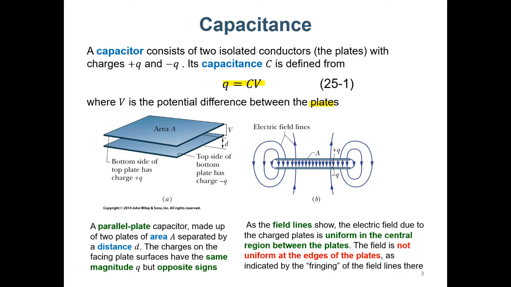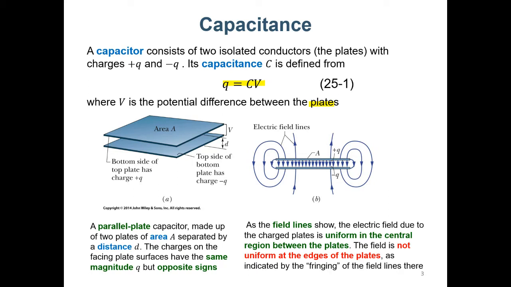So here we can see that the top plate has a positive charge and the bottom plate has a negative charge. So the electric field lines you can see in between these two plates will be somehow uniform, especially close to the inside.